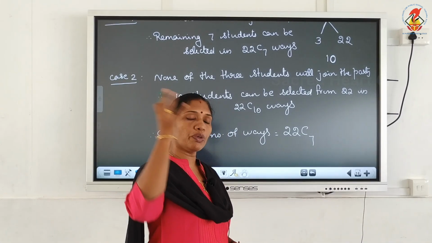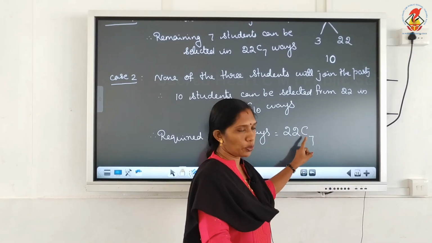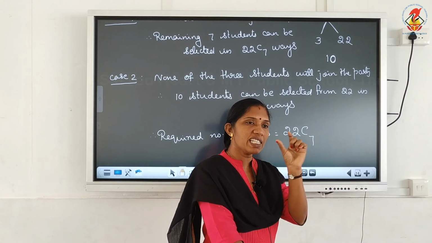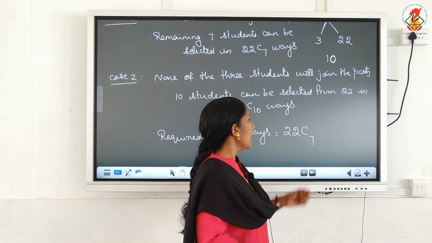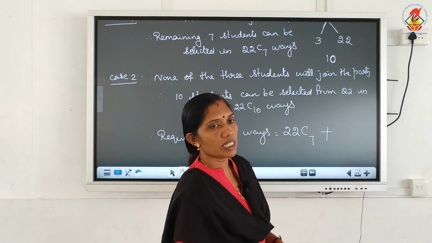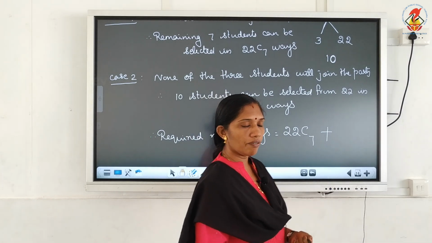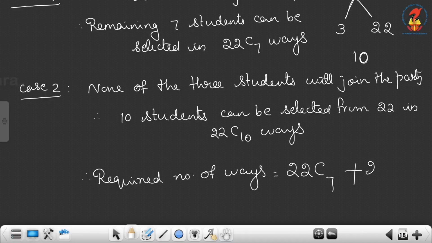So that 3 students are already in that 10, so the remaining 7 from 22. That 3 is 3C3, that is 1. That's why we are not writing that. Then plus, what is the second case? None of the 3 students will join the party. So we have to select 10 students from 22, that is 22C10.